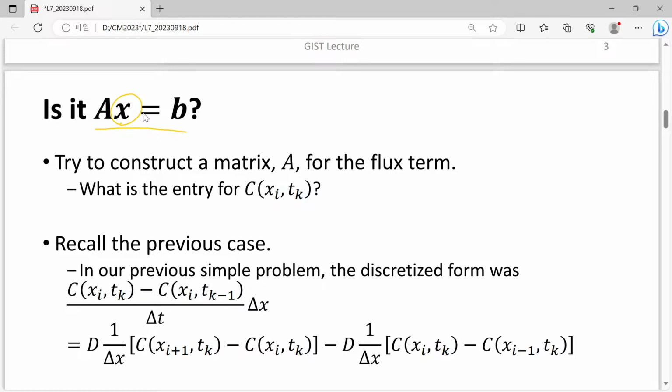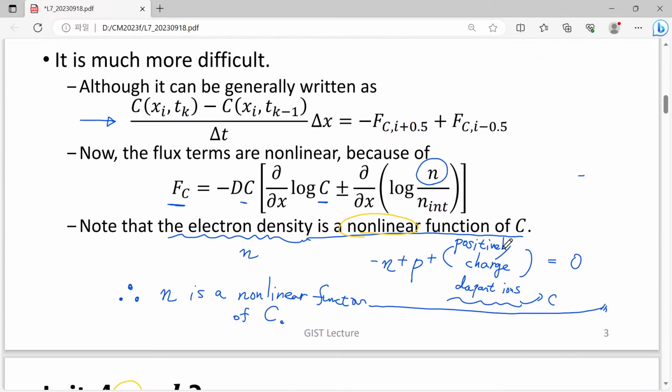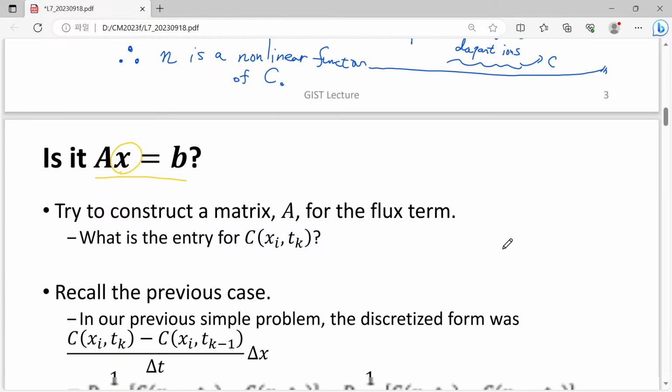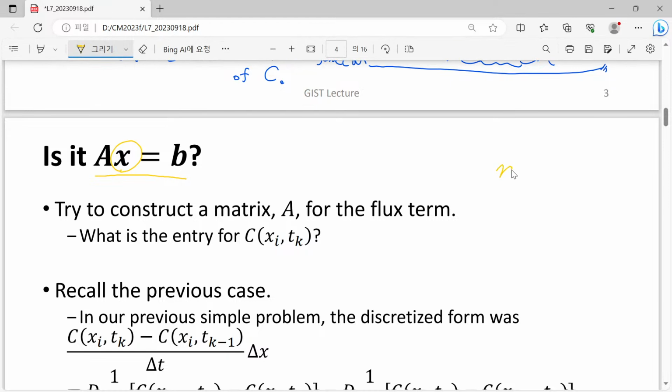But you will immediately find that your attempt to express our previous diffusion equation in terms of AX equal to B immediately fails, because there occurs n, and n is still a nonlinear function of c.